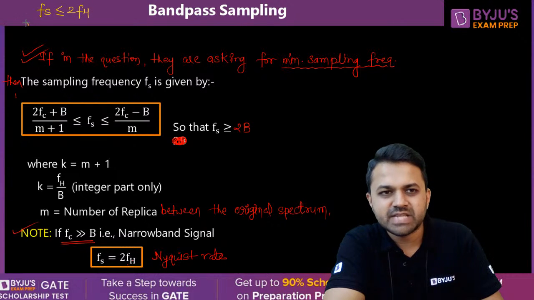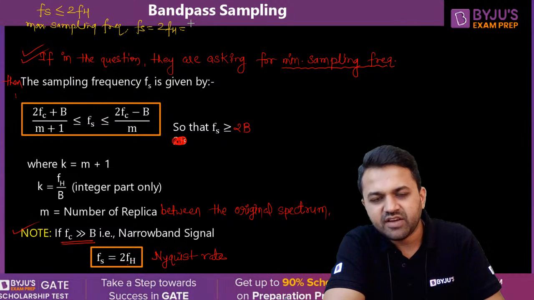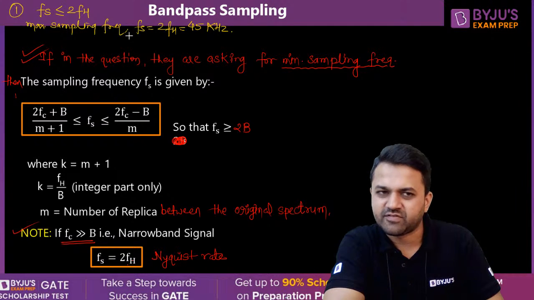So the maximum sampling frequency we can take is fs equal to 2fh, which we have already taken as 45 kilohertz. So this is the maximum sampling frequency.